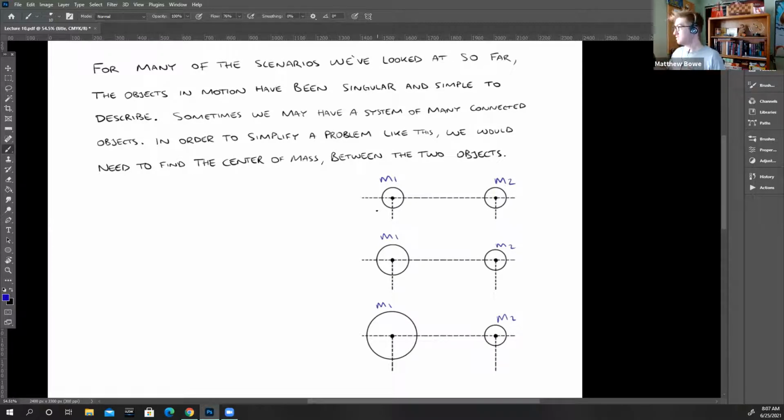It'd be the same thing if it was a cube or some regular shape. If it was a ruler, or some sort of tube or rod, the center of mass would likely be in the center as well. So in these cases, these are in the center.